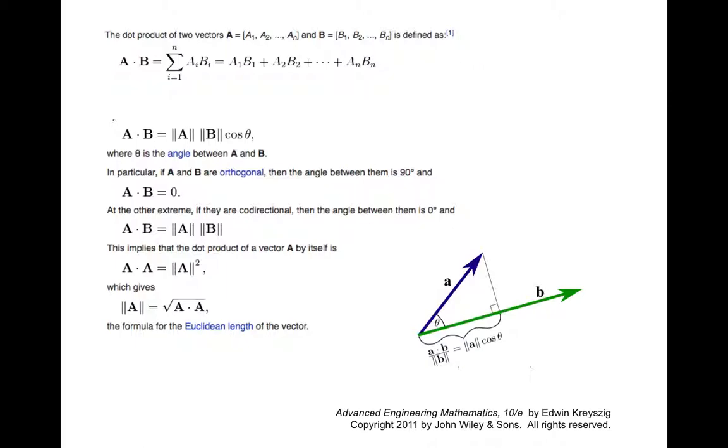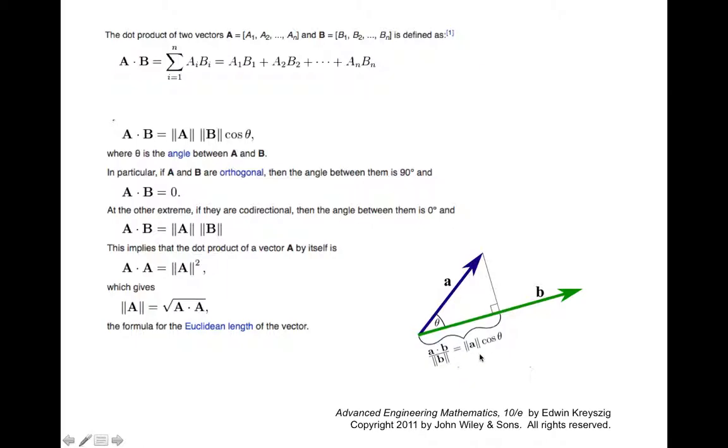Now, you may remember from physics that the magnitude of A times cosine theta basically gives us the projection of A onto the direction with which it forms theta. That can be derived by taking A dot B divided by the magnitude of B.